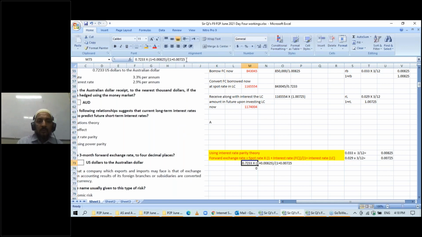So this gives you the forward rate. The forward currency rate is 0.724 according to the interest rate parity theorem. Right. Okay, the correct answer has been received from Deepa in my chat box. Good.